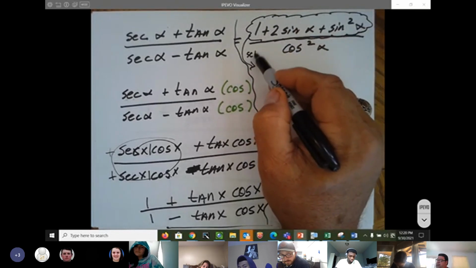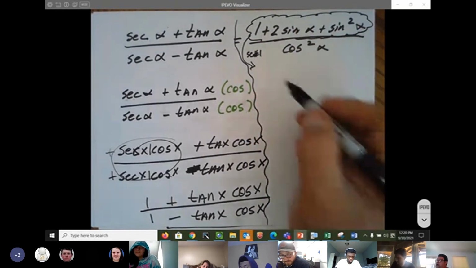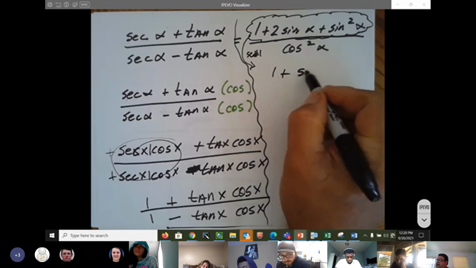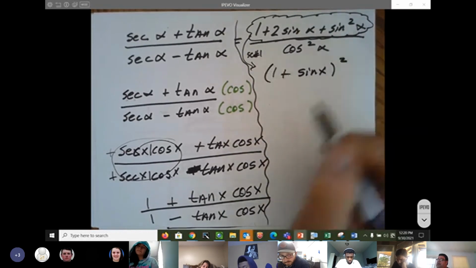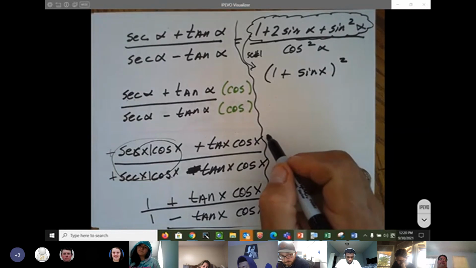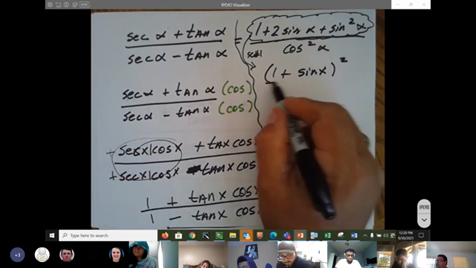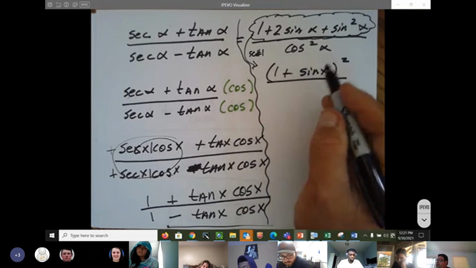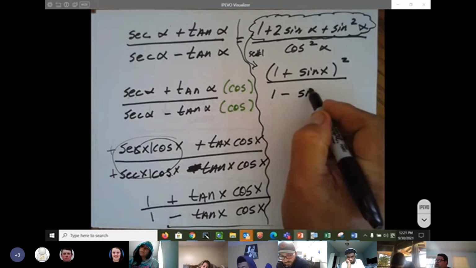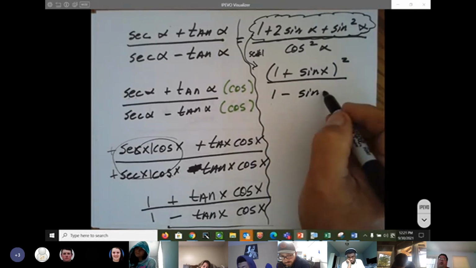Which is 1 plus sine x, quantity what? Squared, over what is the cosine squared? It could be written as what? 1 minus sine squared x.